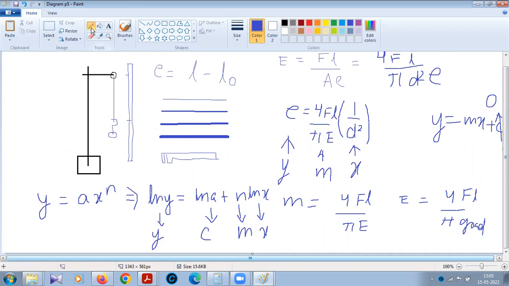So it will be delta y by y equal to delta a by a plus n times delta x by x. Like this we can find out the error.